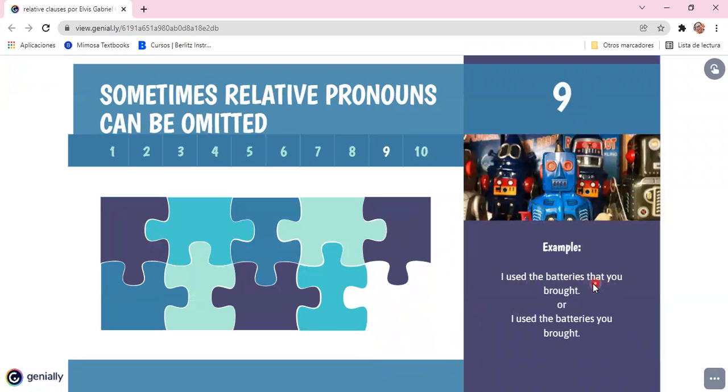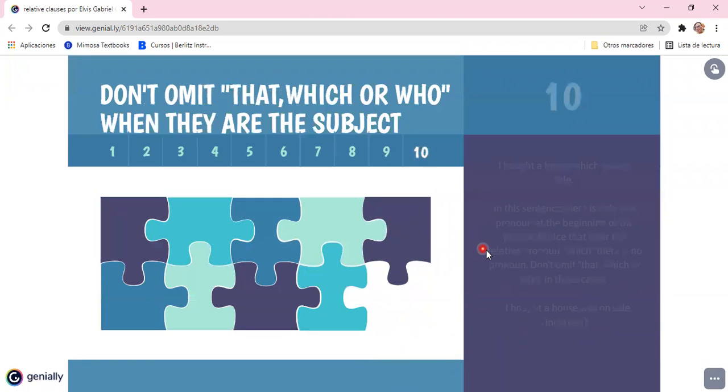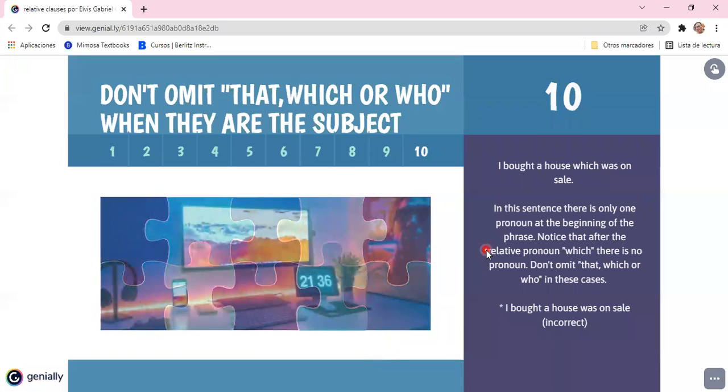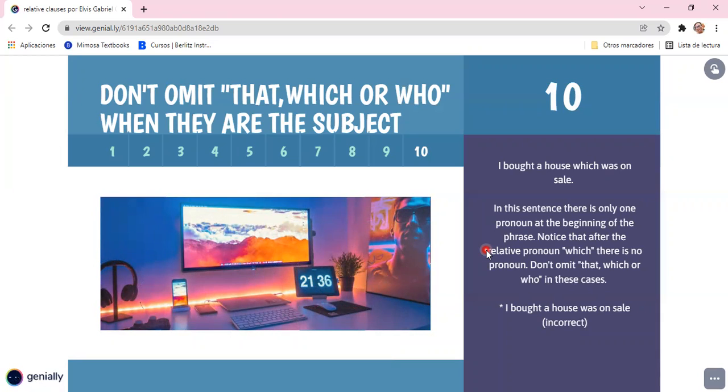In this case, if you see, after that, you can see the word you. In this case, it is okay to omit that. Now remember, if you cannot see the pronoun, you may not omit which, who, or that.